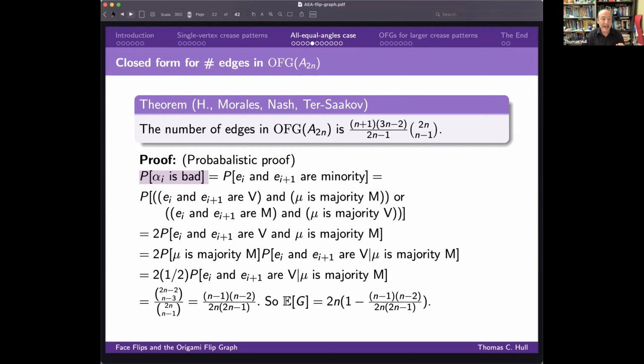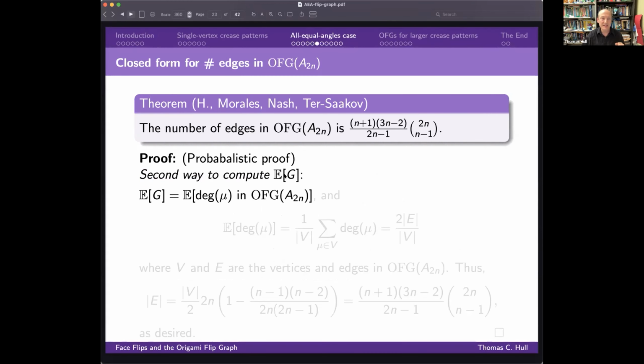But now we're going to calculate the expected value of G in a different way, using some graph theory techniques. G, the number of good faces, is going to equal the degree of a random mountain valley assignment in the origami flip graph.